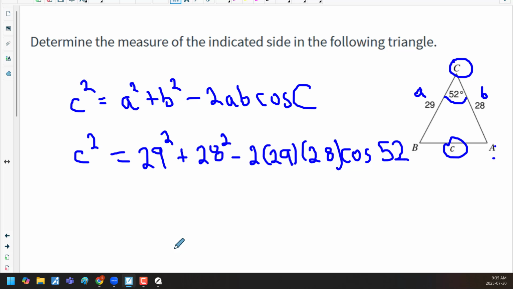This is just math now. What's 29 squared? It's 841. What's 28 squared? 784. And this, I'm going to do in one shot: 2 times 29 times 28 times cos 52.